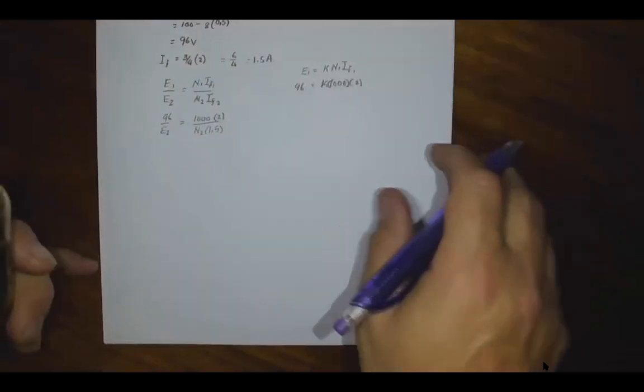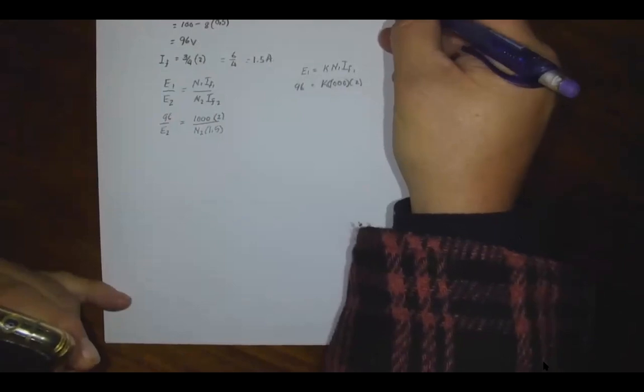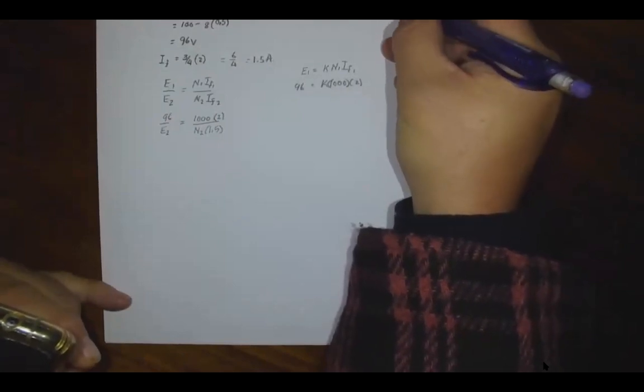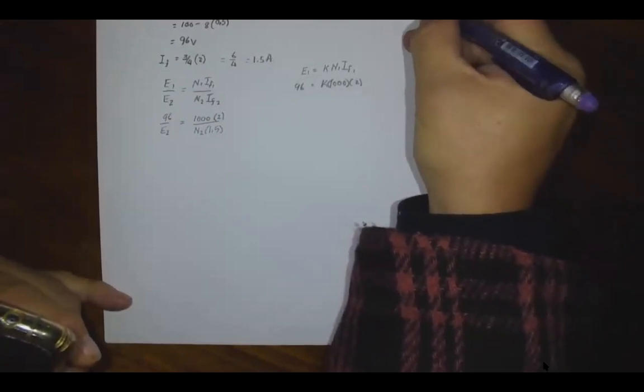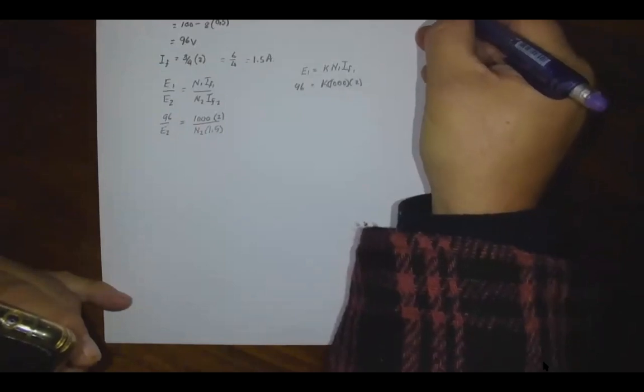Sir, from the statement on the question, it said that the total resistance of the field circuit is reduced to 3/4, not the actual field current. Let me show you. It's 150 divided by 4. That is 37.5. Right?